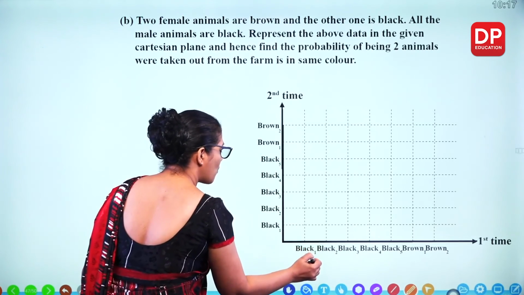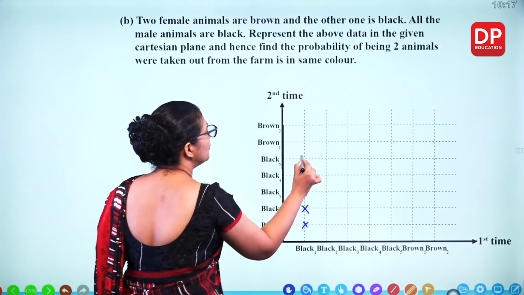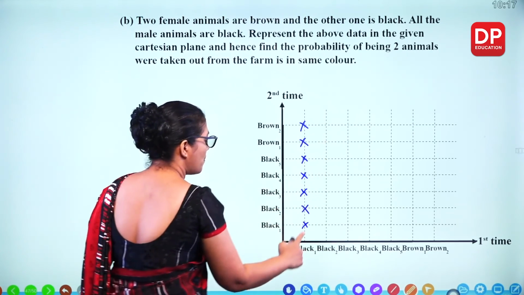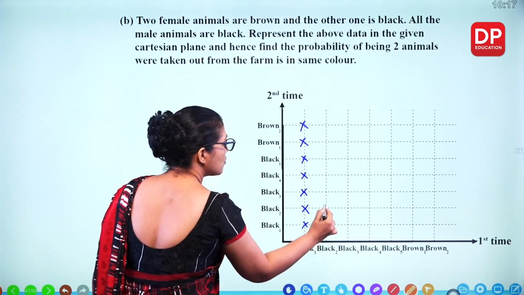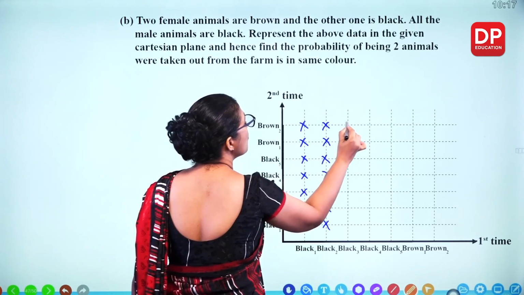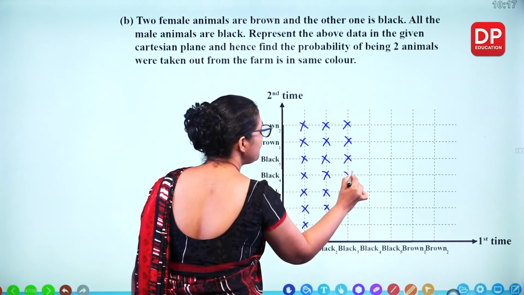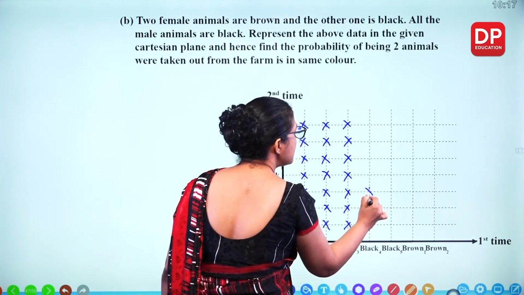You can get black 1 again, black 1. Black 2 with black 2. So all these. So black 1 with black 2. Black 1 with black 3. So all possibilities are marked. So how many altogether? 7 times 7, 49 possibilities are there.